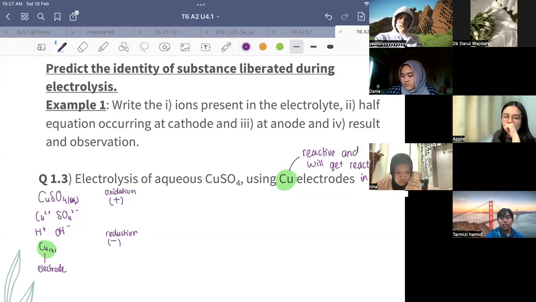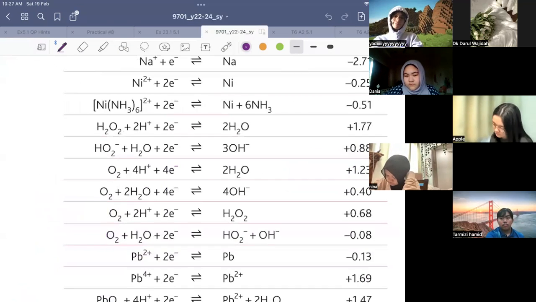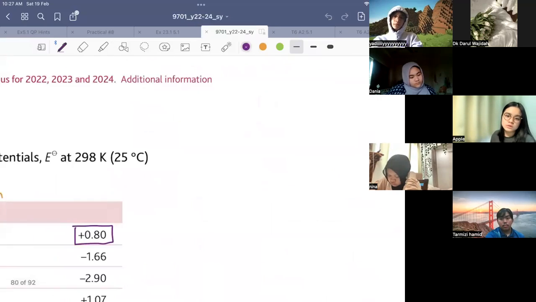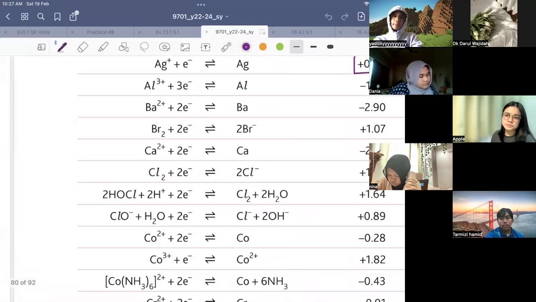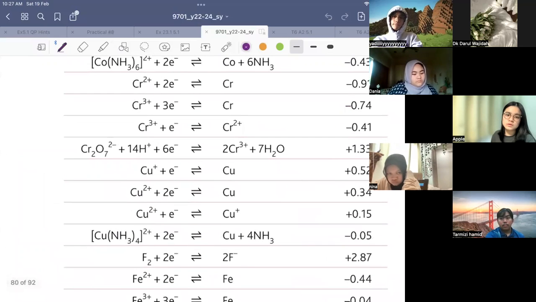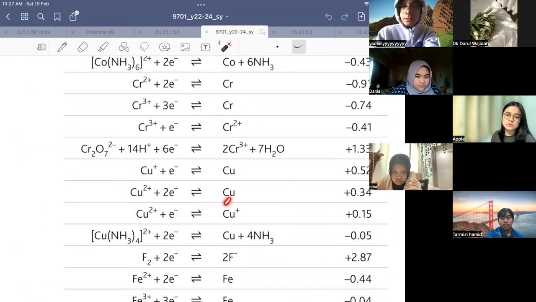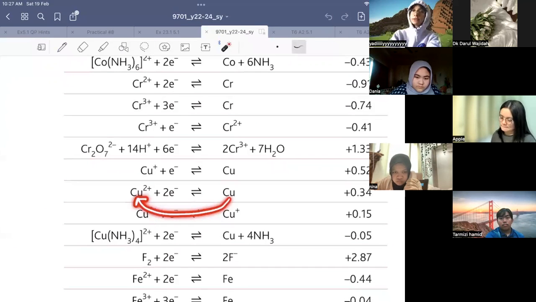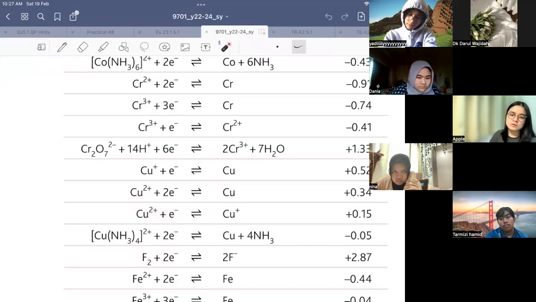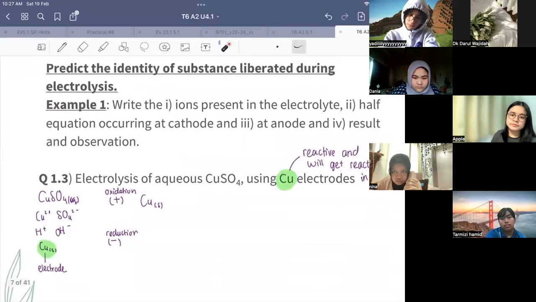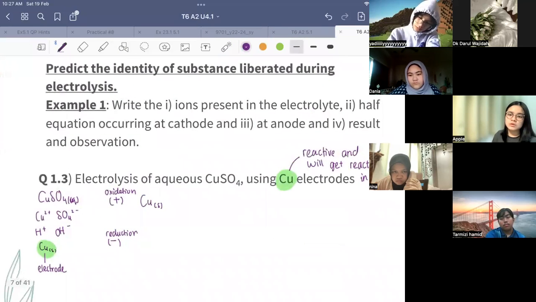So that means copper solid will be oxidized, not copper sulfate. So I'm looking at oxidation here. Copper to Cu2+, it will be oxidized to ions. So that's why you have to be careful with the electrode.